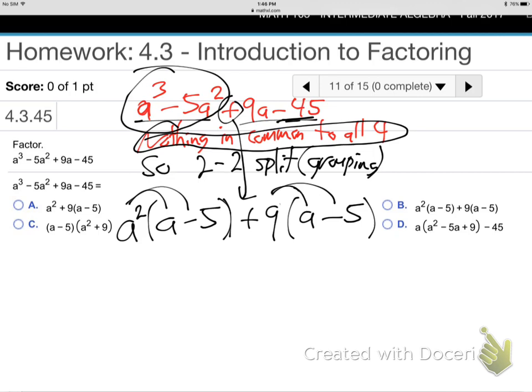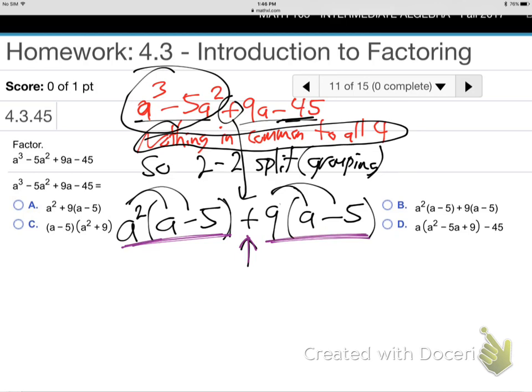Now, we're not done at this point. Why are we not done at this point? You never want a plus sign or a minus sign outside of parentheses when you're factoring. That means you're not done. You got to do something about that. Not only does that tell you that you're not done, it also tells you how to look at the thing. This is the separator right here. It says, look at this and look at this.